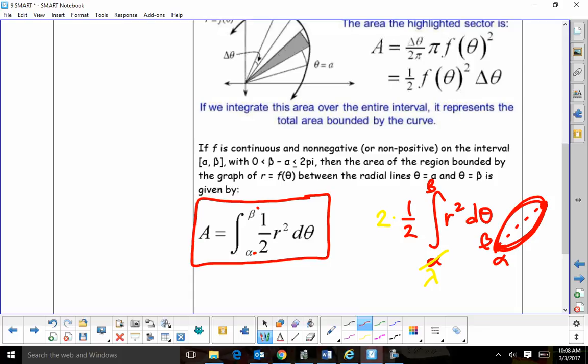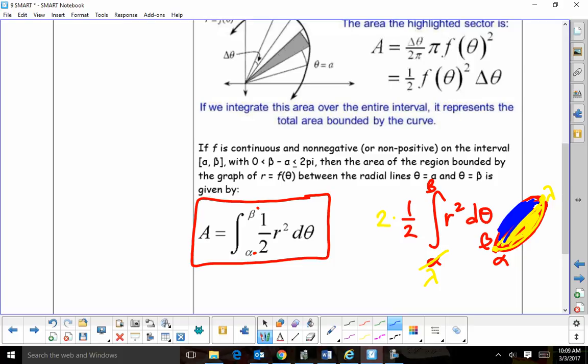So I could do one full loop to get all of the area, or I could go from this alpha to this beta or lambda, take half, and then double it. That's what I like to do. I like to use the symmetry, knowing that this part is the same as this part.